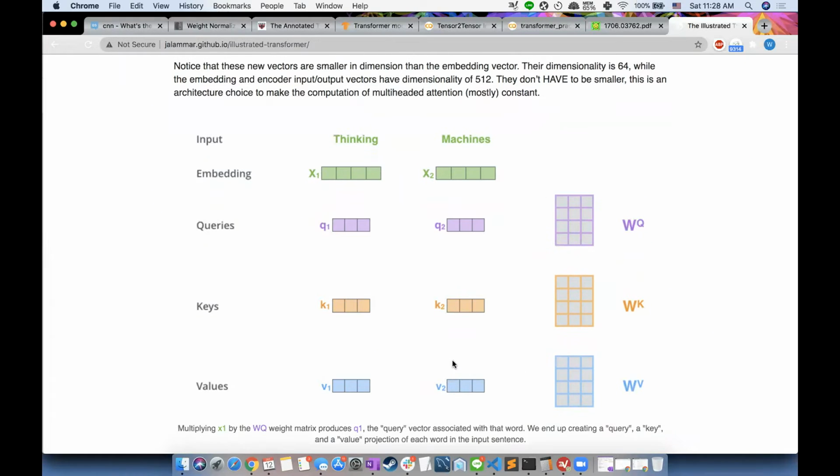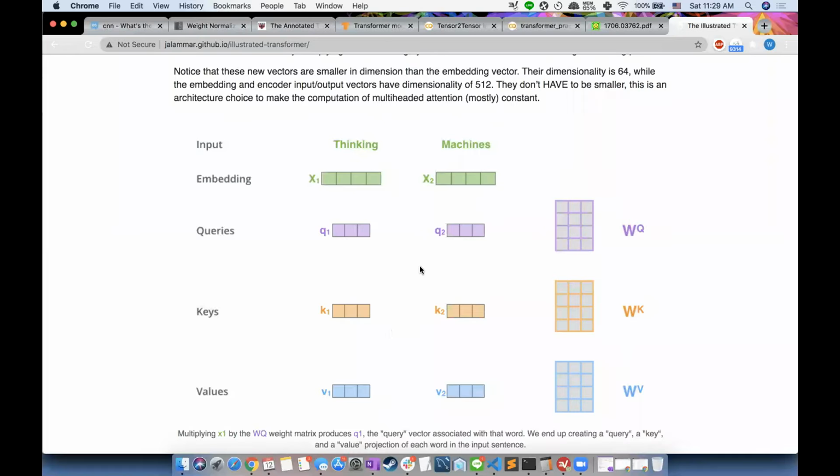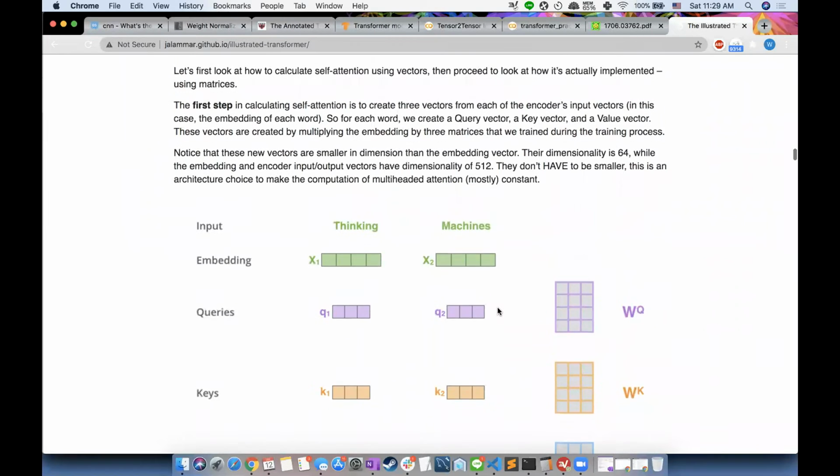So we're doing some vector to matrix multiplication, but in the end, this is not a vector. This should be a matrix. We're just using vector as an example. And we'll go through the matrix example like this in a little bit, but you get the idea.